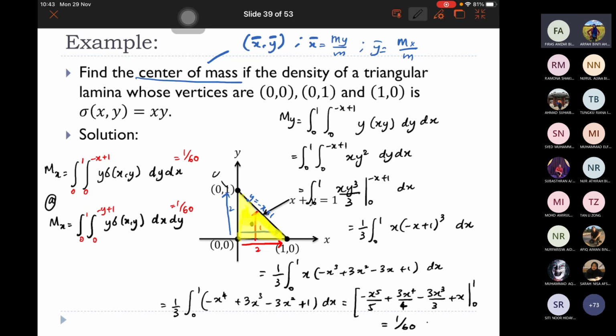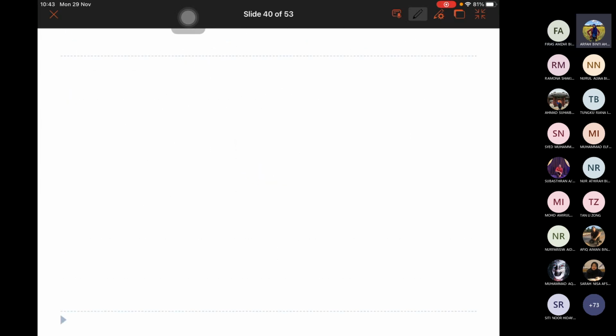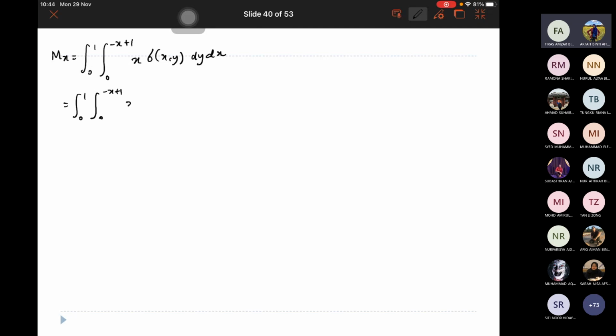Okay. So, moment about the x-axis, MX akan sama dengan integration daripada 0 kepada 1, 0 sampai negatif x tambah 1, x darab sigma xy, dy dx. Integration 0, 1, negatif x tambah 1, x kuasa 2 y, dy dx.